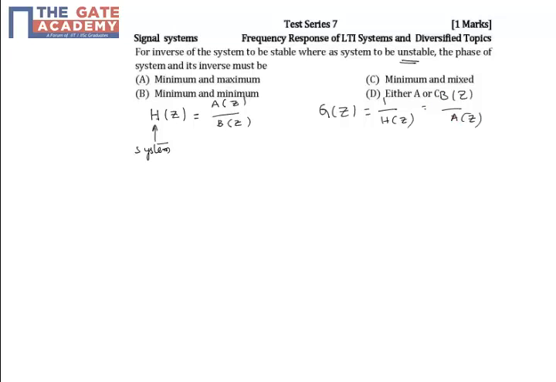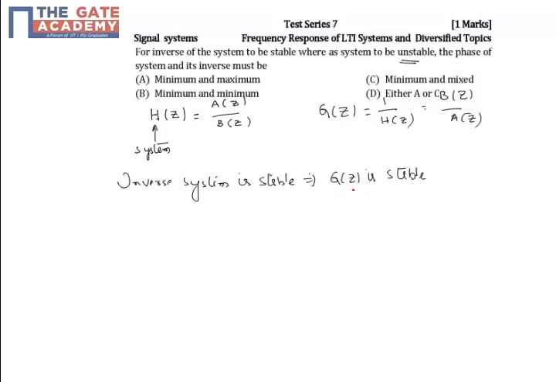So the condition that he has given is that the inverse system is stable. That means G(z) is stable.